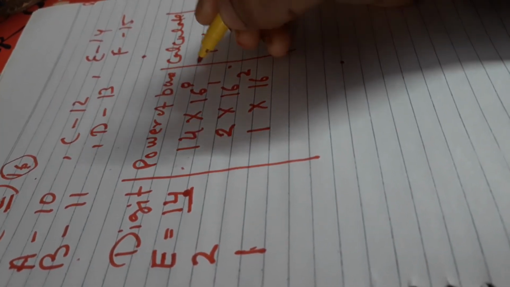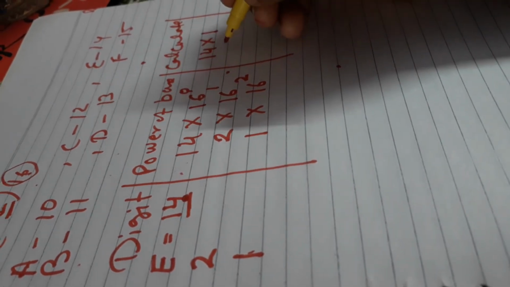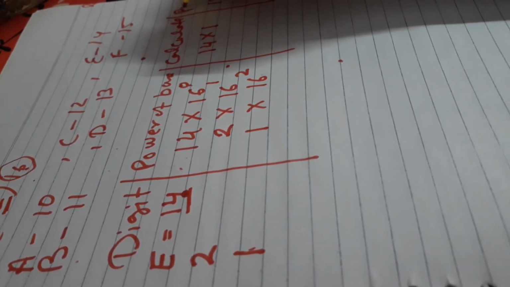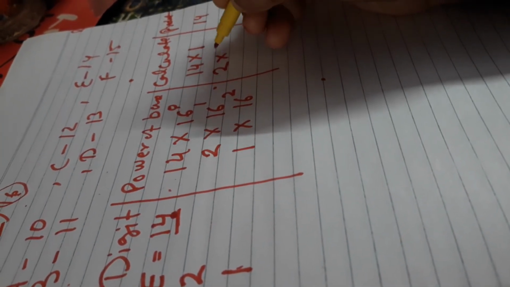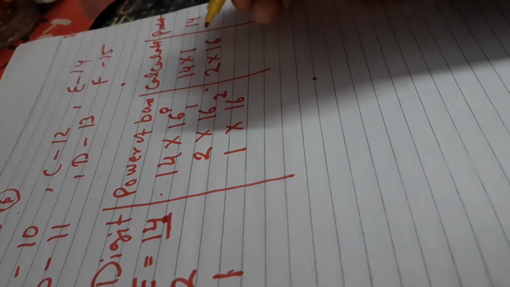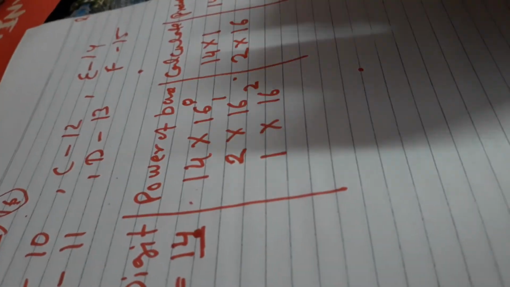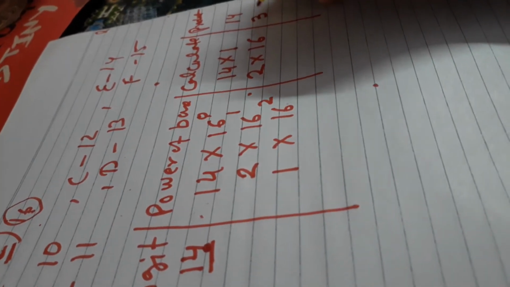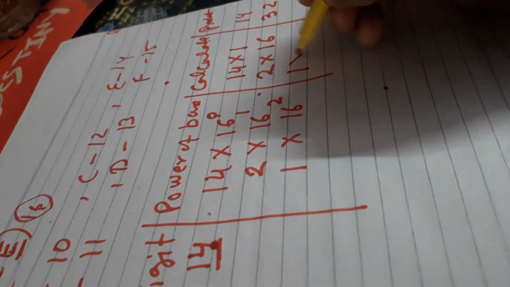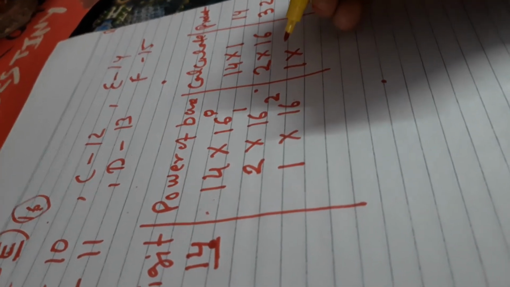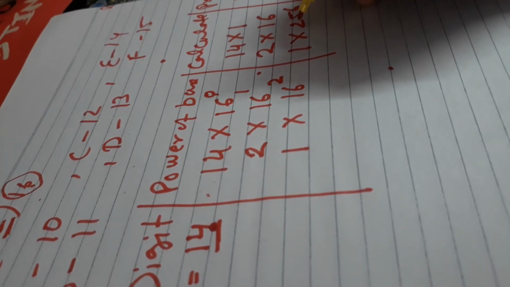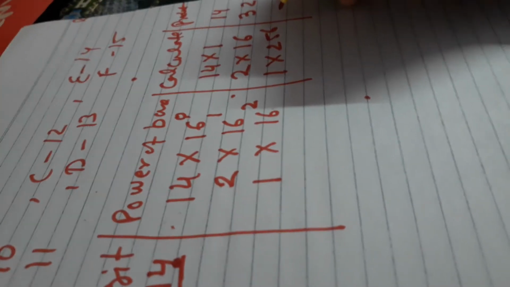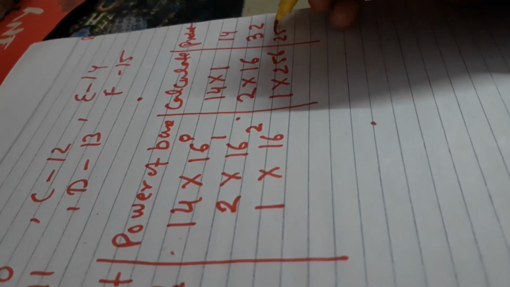Now calculate. 14 into 16 power 0 is 1, it means the product is 14 only. Now 2 into 16 power 1 is 16, 16 twos are 32. Now 1 into 16 squared, which is 256, so 256 into 1 is 256 only.